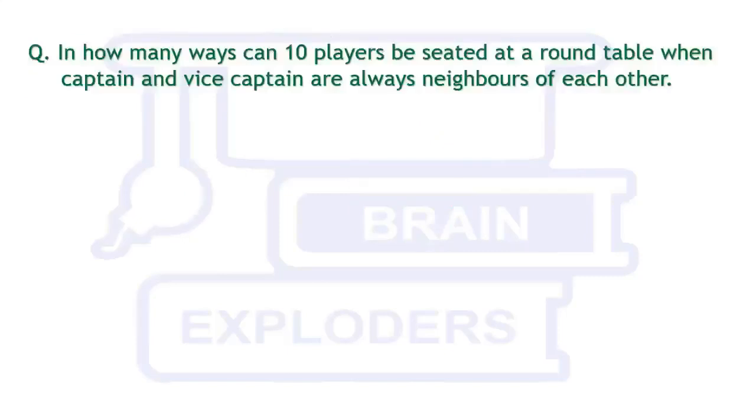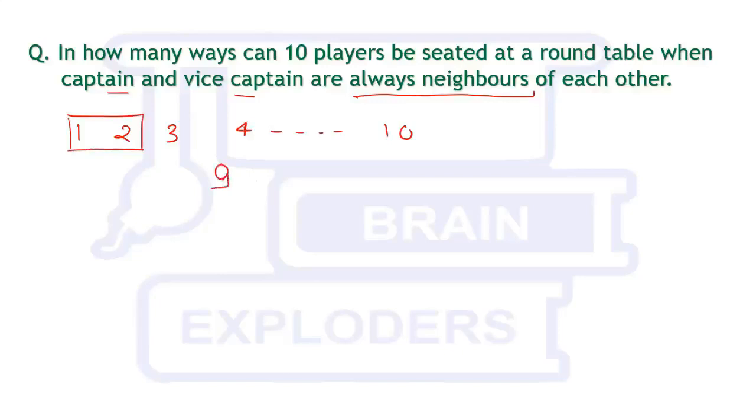Let's see an example. In how many ways can 10 players be seated at a round table when the captain and vice captain are always neighbors of each other? So there is a restriction given here. There are 10 players, 1, 2, 3, 4 to 10, and the captain and vice captain are always together. Suppose 1 and 2 are the captain and vice captain. Let's treat them as one unit. Now how many elements do we have? In total we now have 9 elements.